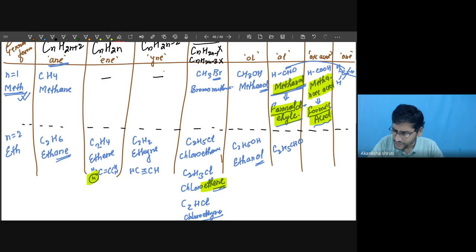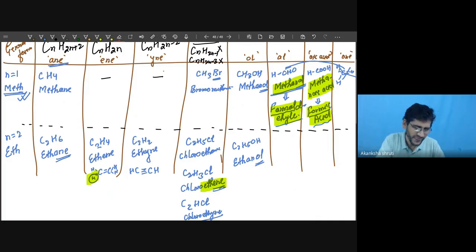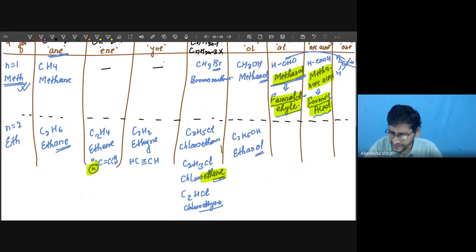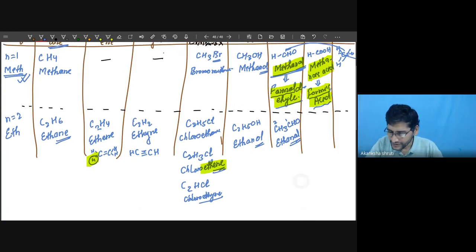This structure is also possible, but this will come as the third member. So, write the second member, it will be our CH3CHO. 1 carbon, 2 carbon. So it becomes ethanal. Okay? Student, the important thing here, this is also called acetaldehyde. Okay, you have to keep this in mind.